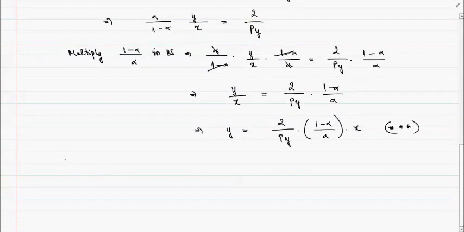Okay, so in order to find the optimal amount of good Y, which is to show the demand for good Y, then I will just substitute.